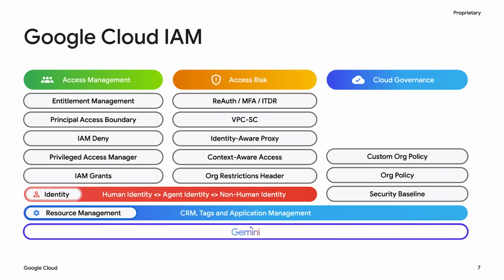On top of that, we have a series of access management controls which enable you to give access to resources, deny access to resources, control the amount of time the access is given to resources, and construct boundaries around what resources identities can actually access.